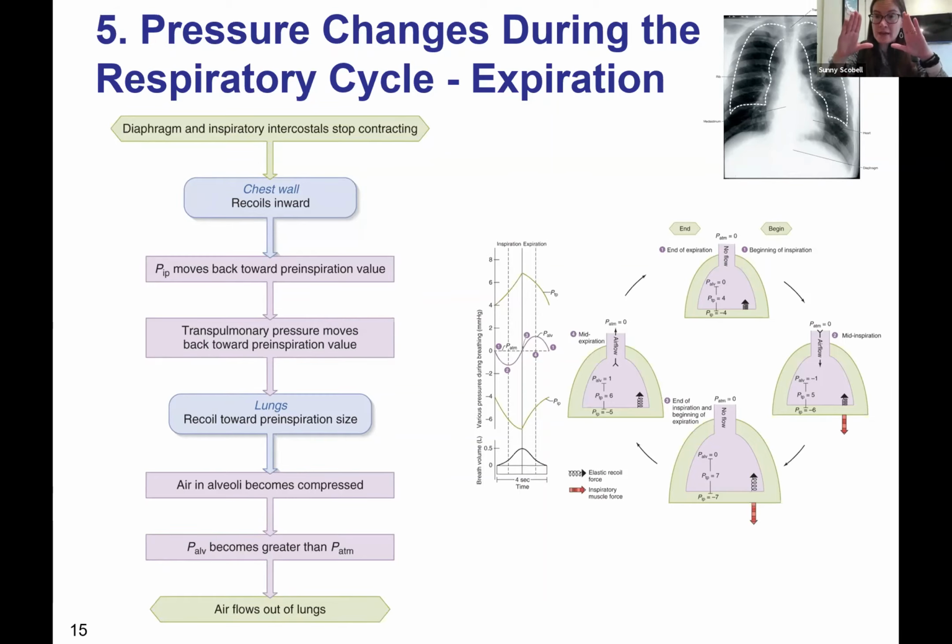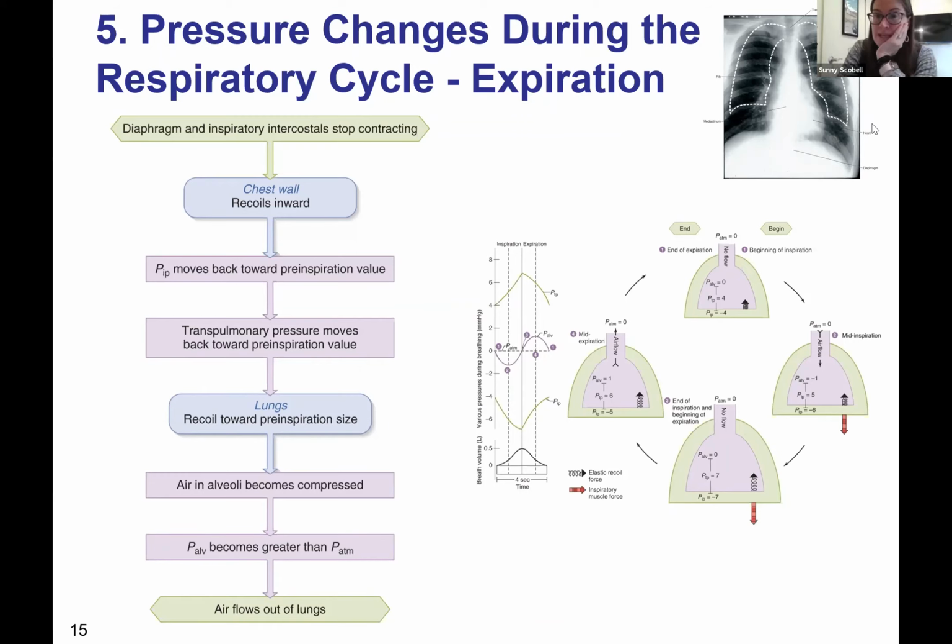That is going to push on the lung wall and it's also going to have its natural recoil. Those two forces combined are going to make that lung space smaller. As we make the lung space smaller, we pressurize the air inside of it. As that gets greater than the atmospheric pressure, air is going to flow from high pressure to low pressure, and it's going to go out.